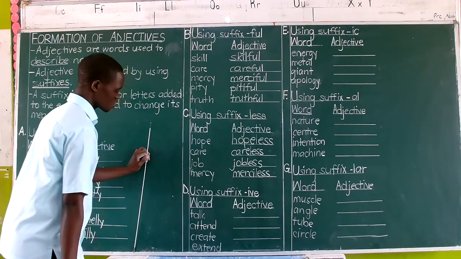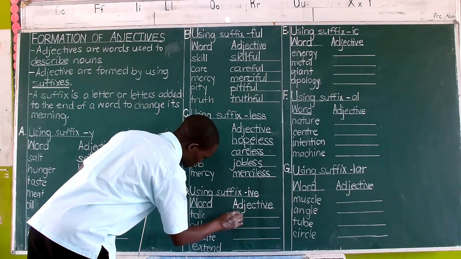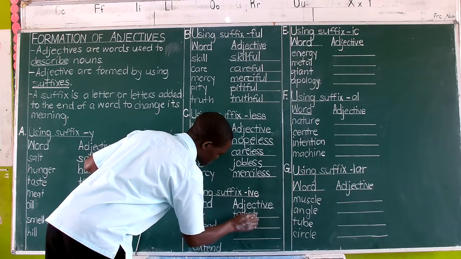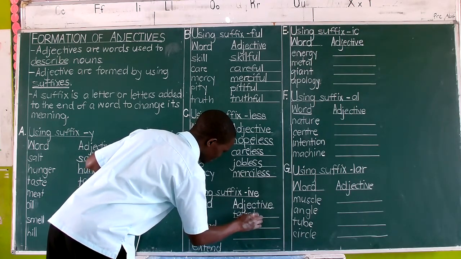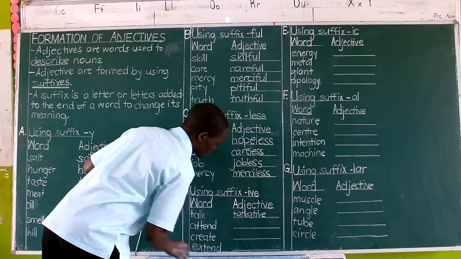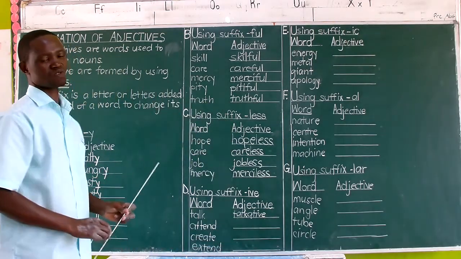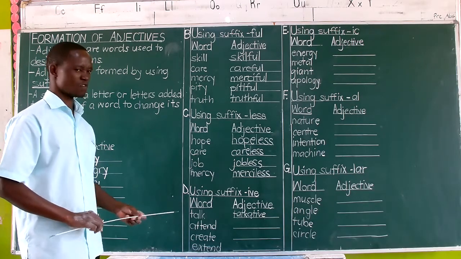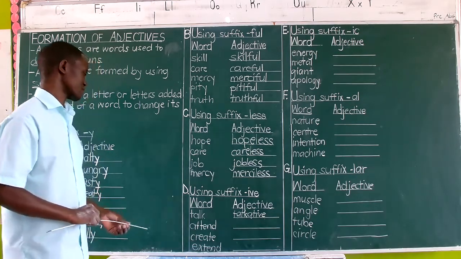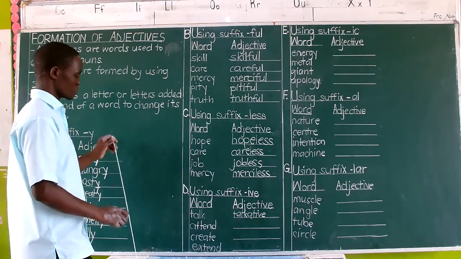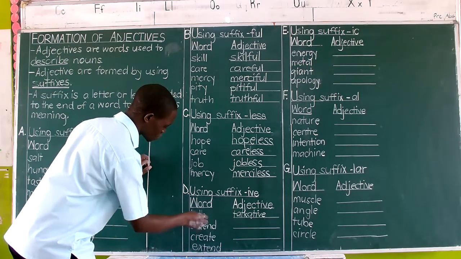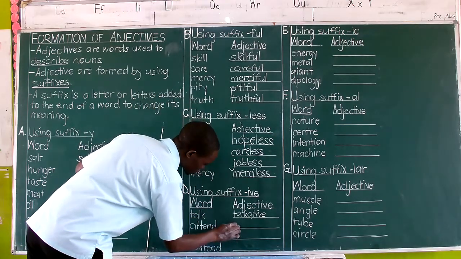Now turn to the board where we have talk, change to talk plus ATIVE, talkative. A talkative person talks a lot. You have talkative brothers at home. You have talkative children in your classroom. So talkative people talk a lot, or they talk endlessly. They talk without stopping. Attend changes to attentive.